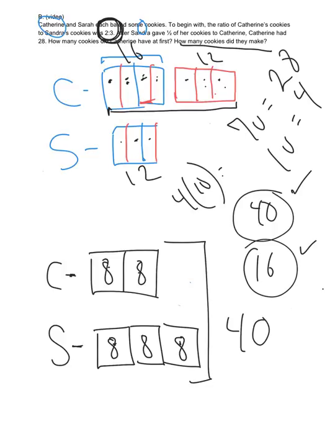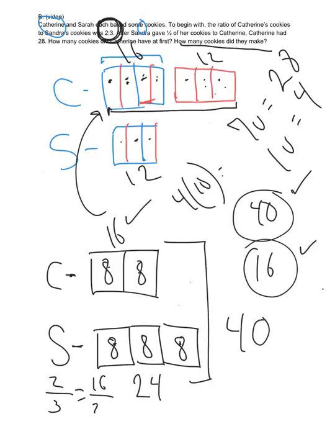That means then that here is a total of 16. Oh, wait a minute. That checks out because that's what we got up here. And Sarah started off with 24. They're supposed to have a ratio of 2 to 3. So, is 2 to 3 equal to 16 over 24?